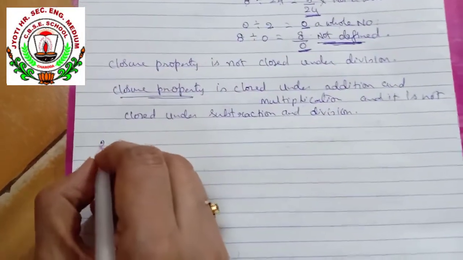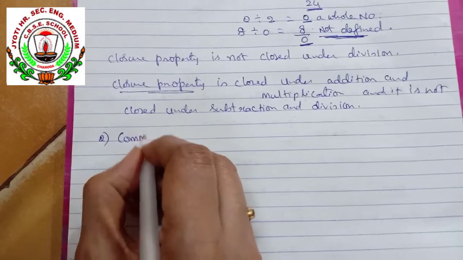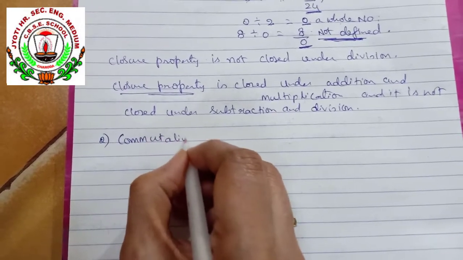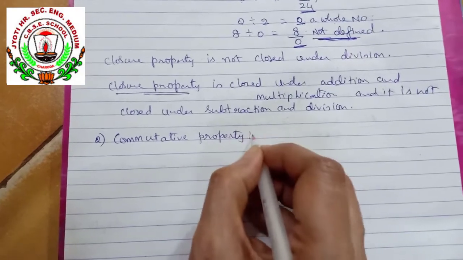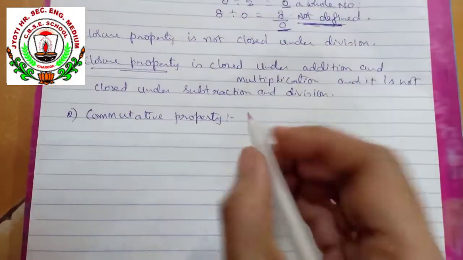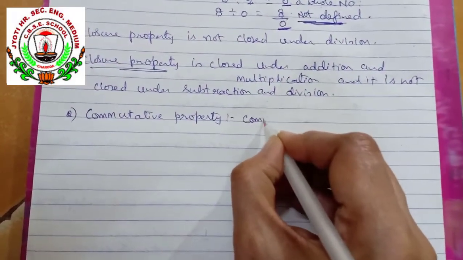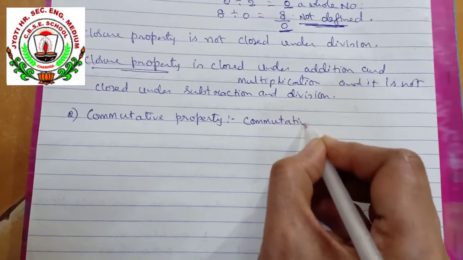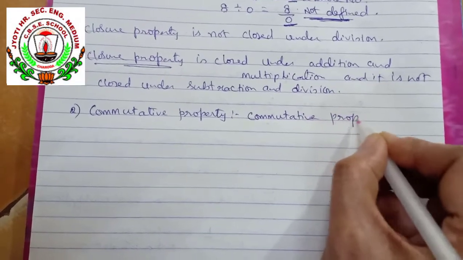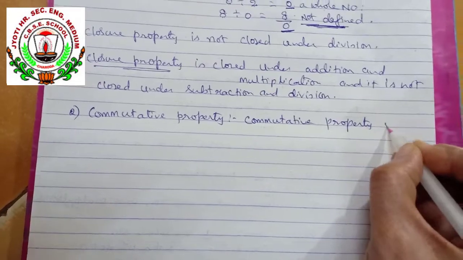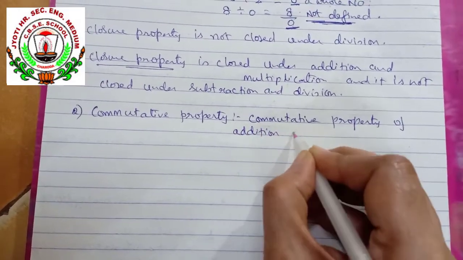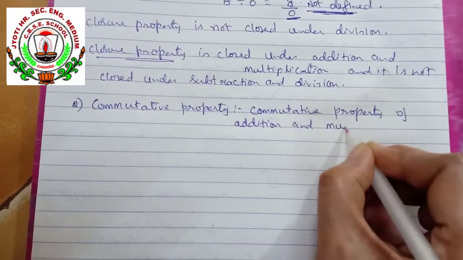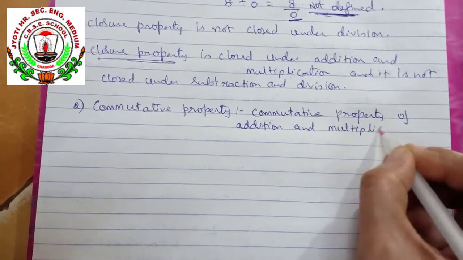Now the second one is the commutative property. The commutative property holds for addition and multiplication only.